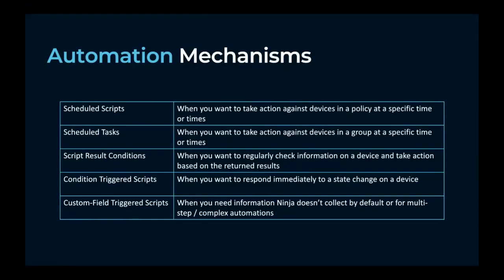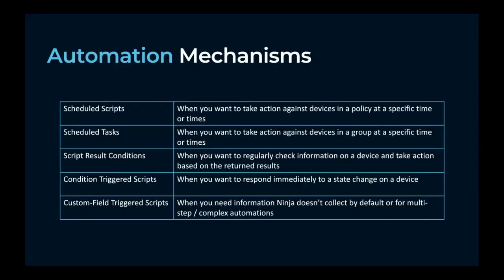We also have script result conditions. We didn't touch on that today, but that is a way to run a script at a set frequency and then monitor for the results and take action based on them. And then 2 others we talked about today: condition triggered script, so something like detecting an event ID in an event log and then running a script.